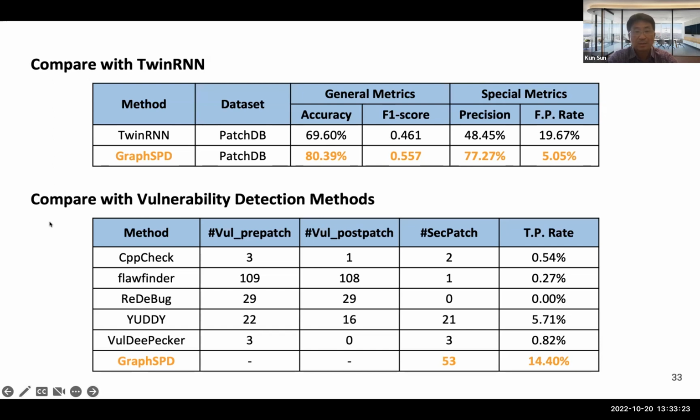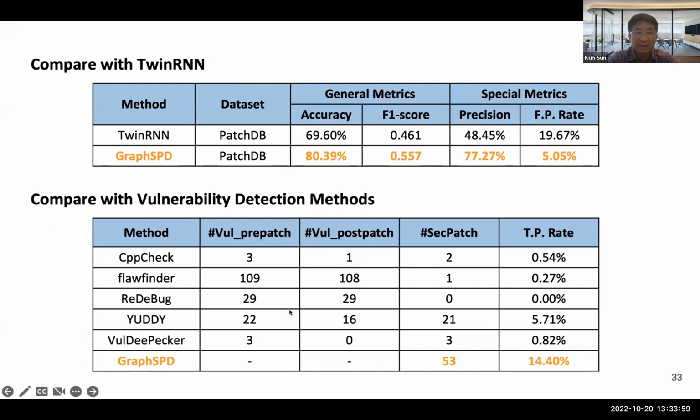And we also compare our GraphSPD with other vulnerability detection methods. Besides our solutions, TwinRNN or GraphSPD, we cannot find other detection models directly working on the patch. So that's why we compare with vulnerability detection methods. We see how well they can identify the vulnerability before the patch and also after the patch, right?